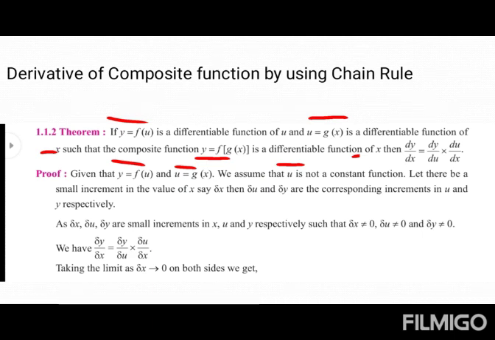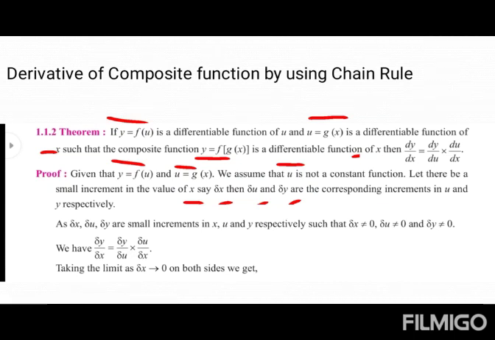Let there be a small increment in the value of x, delta x. Delta u will be the corresponding increment in u, and delta y the corresponding increment in y. So in the first part of the proof we consider the three increments delta x, delta u and delta y in the variables x, u and y.